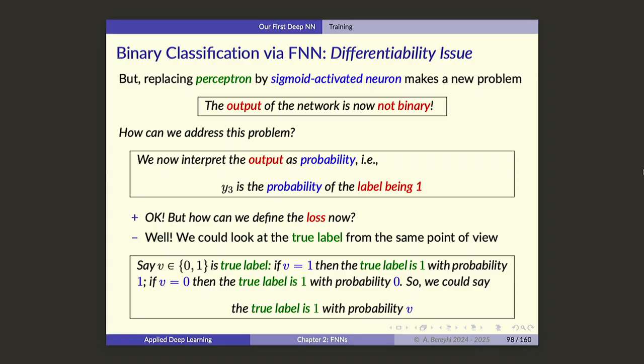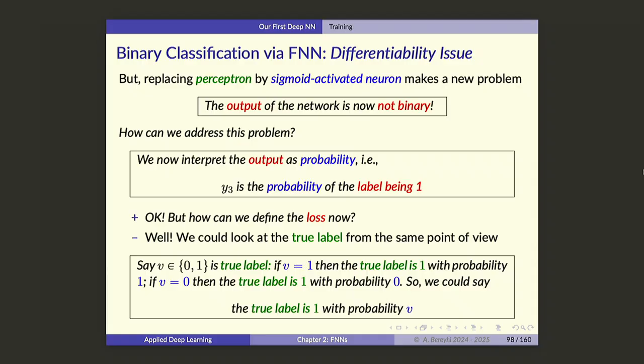Now, what you can say is that the true label that you have, V, is either 0 or 1, right? And you can again interpret this as a probability. When V is 1, the label is 1 with probability 1.